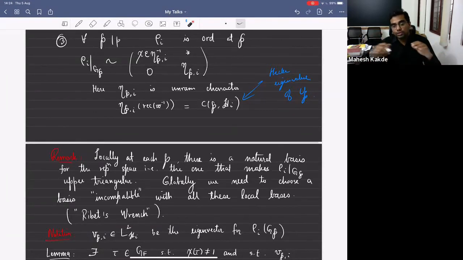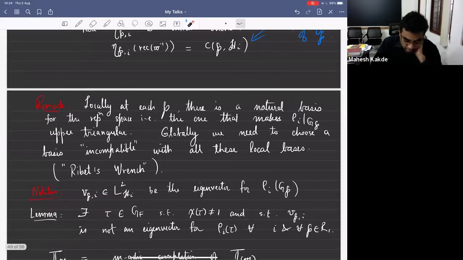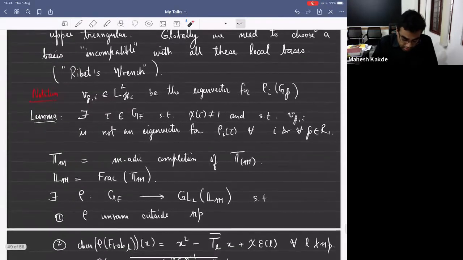So we have to make a choice in a non-compatible way, and this is what Mazur calls Ribet's wrench, which is this non-compatible way of choosing a global basis for our representation and then local bases. So you will see explicitly how it's done now.